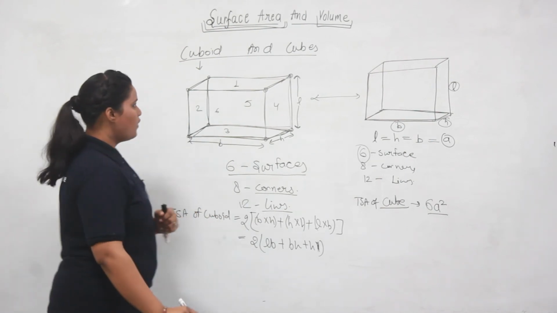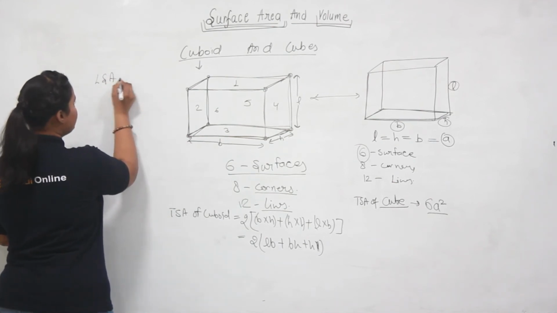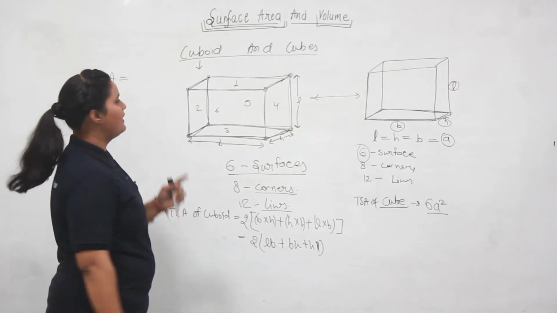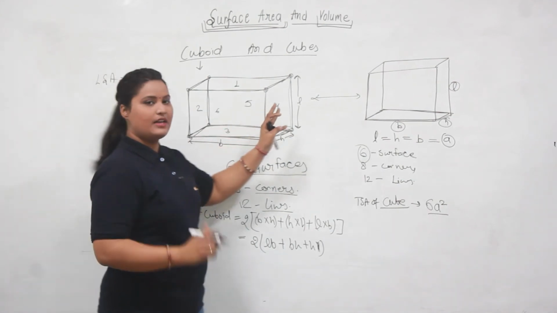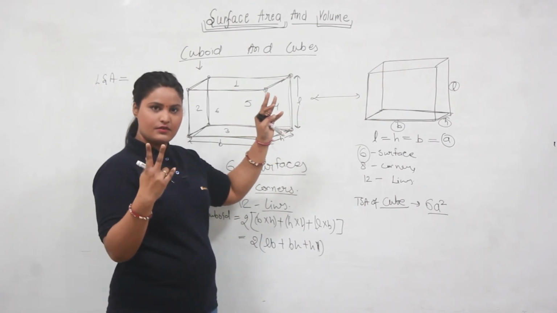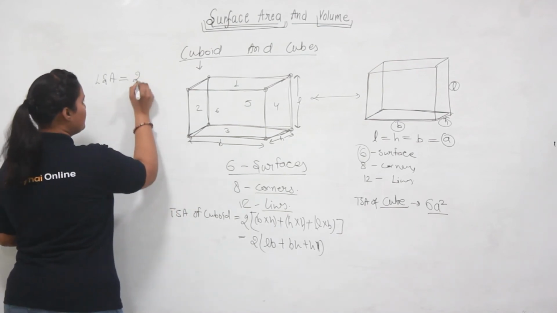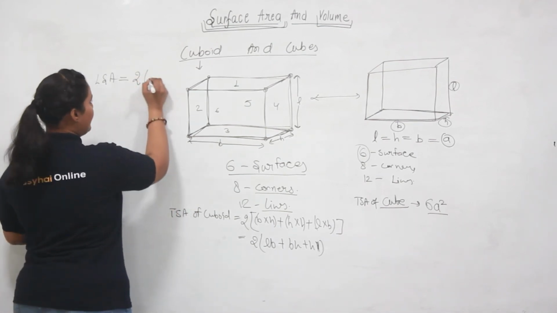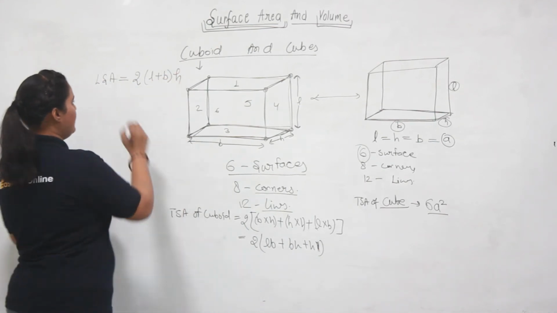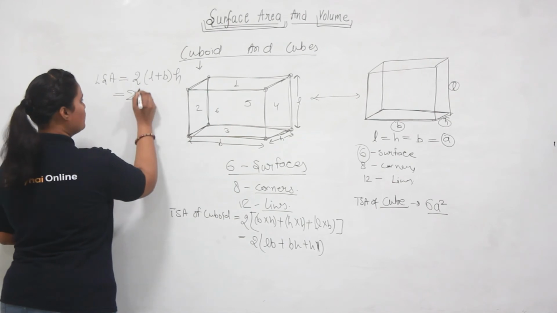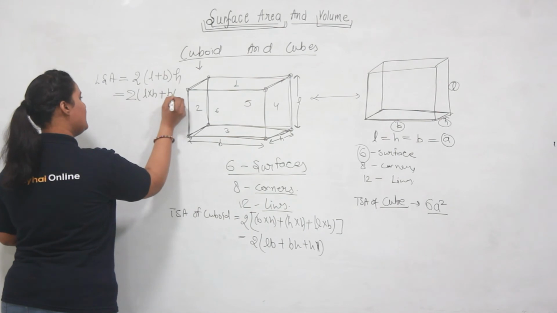So in case of a cuboid, the lateral surface area, LSA, will be equal to, since we again have 4 surfaces and 2 surfaces are repeated, that is opposite to each other, 2 times (L plus B) into H. In simple terms, I can also write 2 (L into H plus B into H).